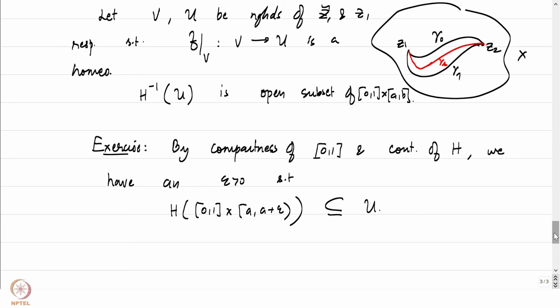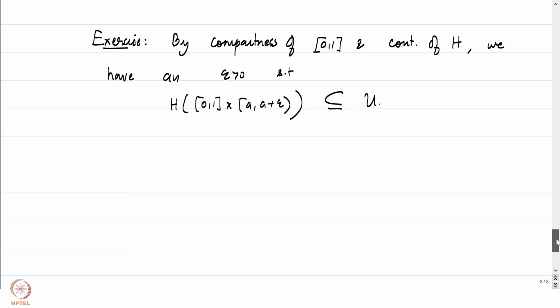Yeah, this is going to follow by the fact that at the tuple (s, a), the function H is continuous. Oh, we do need compactness, so let me keep it as such. So again, think about why compactness is being put into the exercise. We do have an epsilon which satisfies the condition that [0, 1] cross [a, a plus epsilon) is mapped to within U.